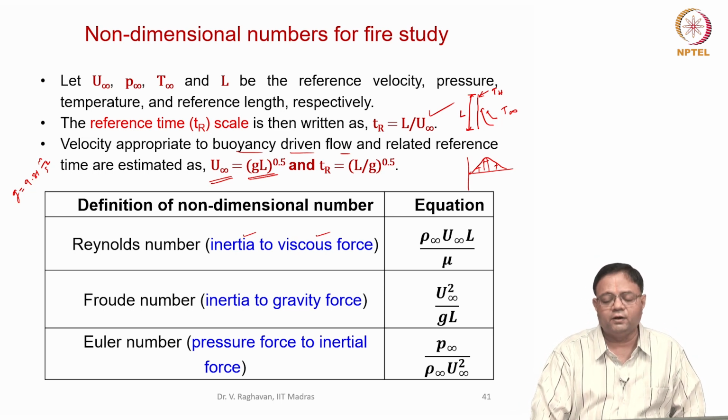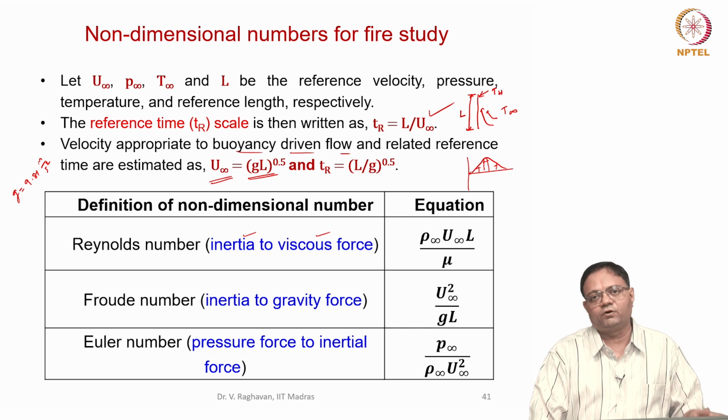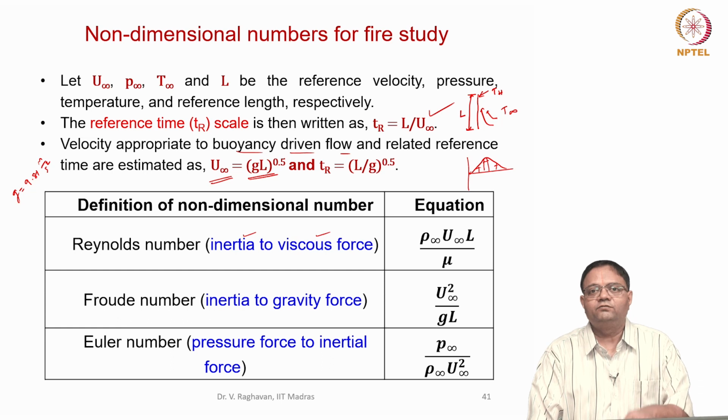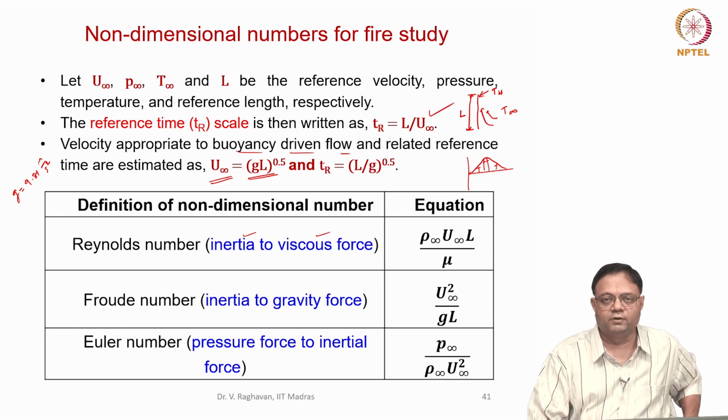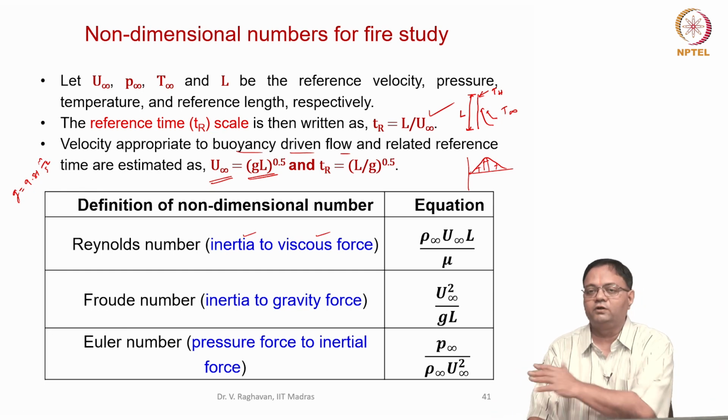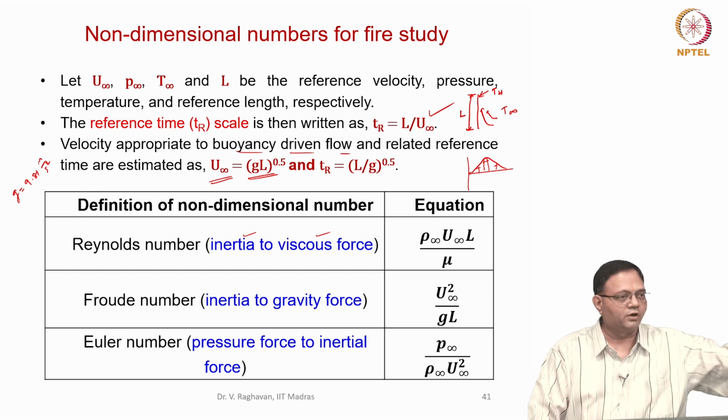Very, very important parameter. As I told you, the transition from laminar to turbulence is defined using the critical Reynolds number. If there is a flat plate and a flame tries to spread over this plate, that is forced convection.